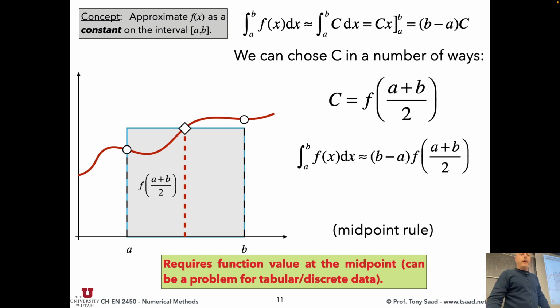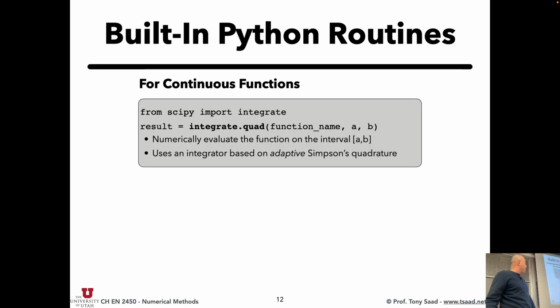Okay, so let's first learn a Python routine to allow us to do integration so that we can compare these methods to what Python is going to give us. The standard method to integrate an analytical function in Python, a continuous function, not discrete data, is scipy.integrate.quad.